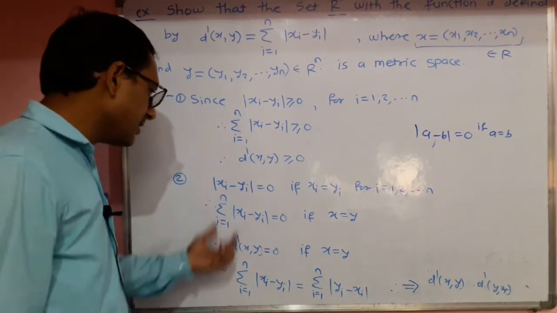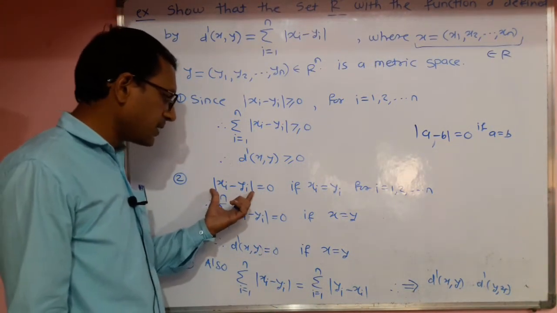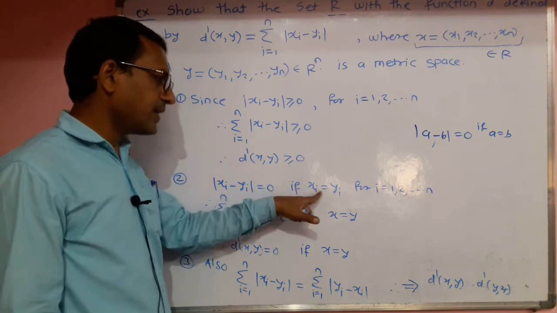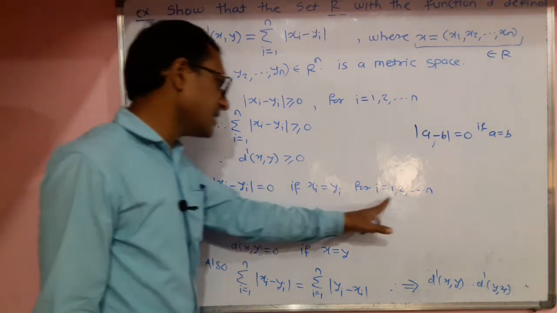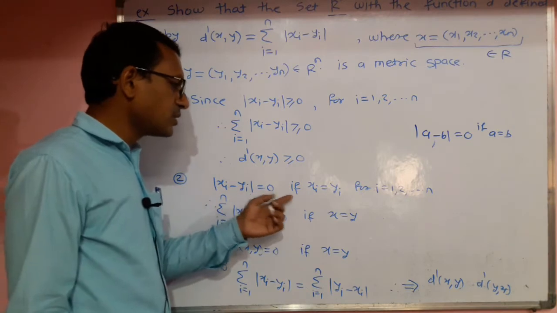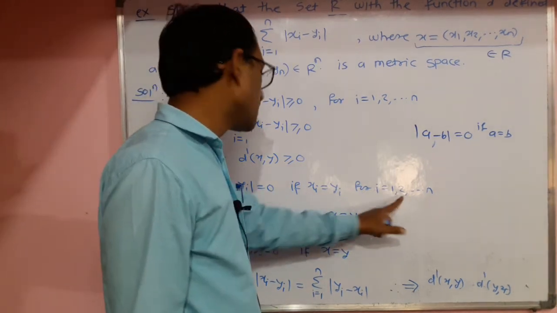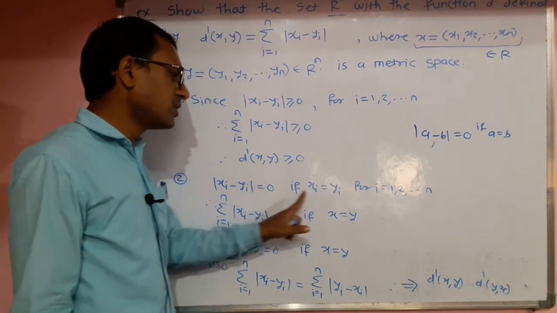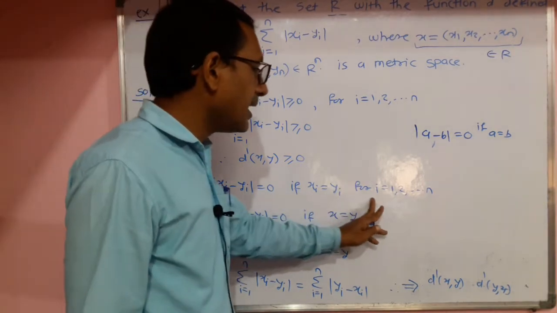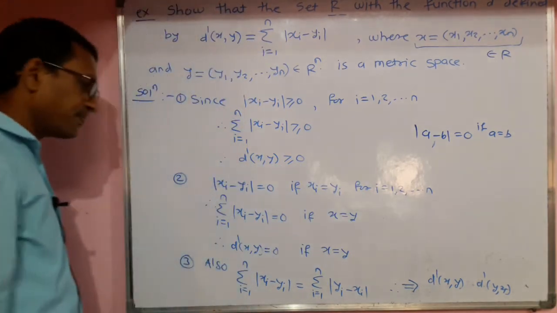So for i equal to 1, mod of x1 minus y1 is 0 if x1 equals y1; for i equal to 2, mod of x2 minus y2 is 0 if x2 equals y2; and likewise for each value of i.